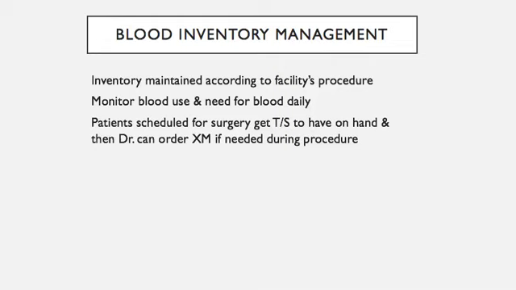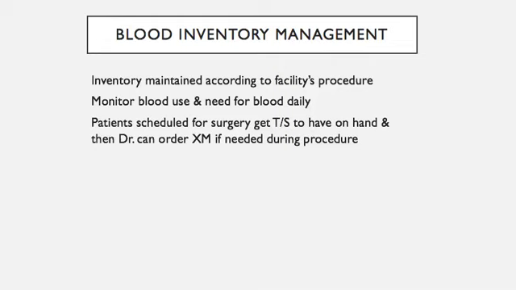So usually what you're going to do in the morning when you come into the blood bank department, you're going to take inventory daily. You're going to see how much blood you have on hand, determine if you need to order any to keep in your inventory for that day.